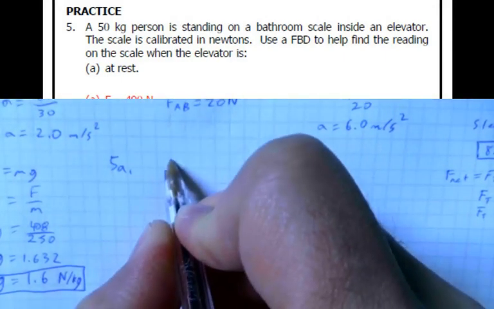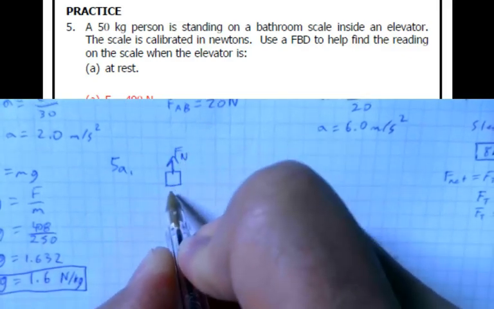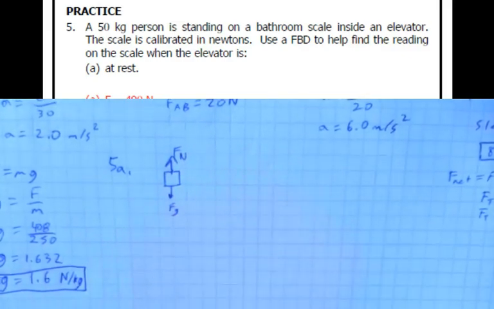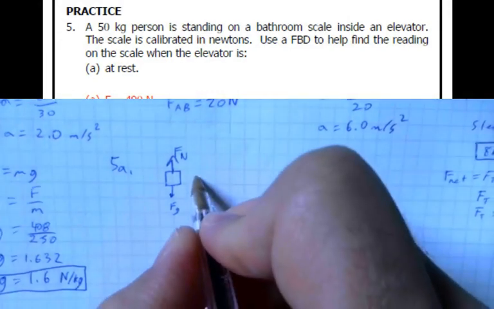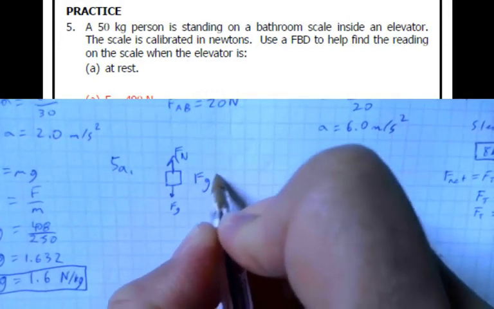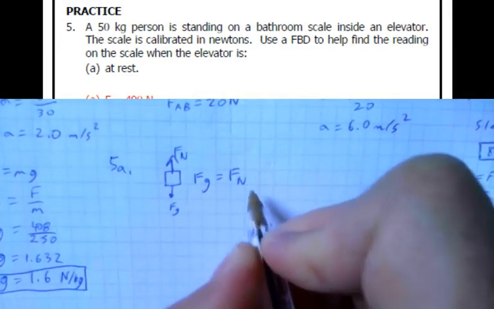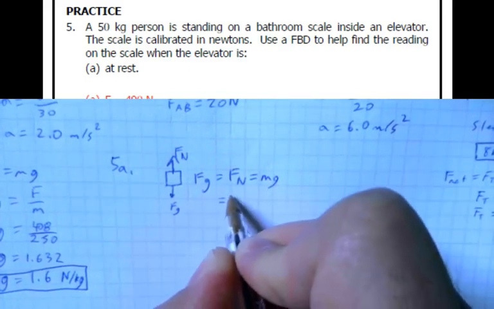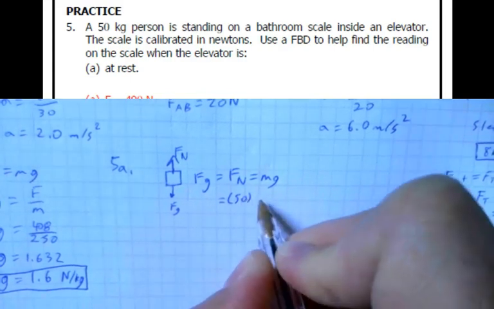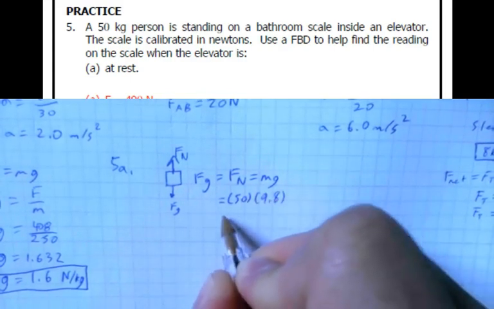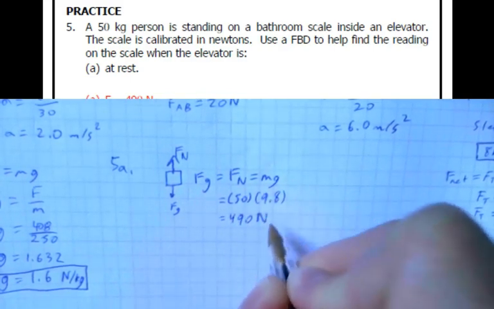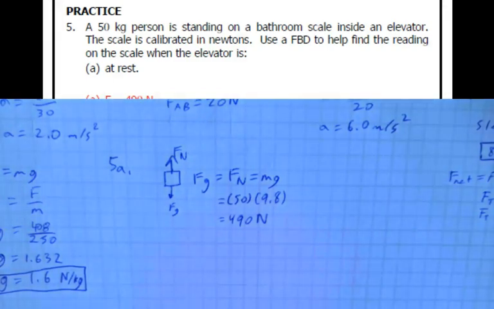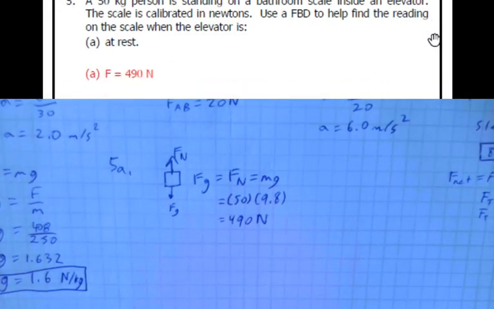So if a person's at rest, the Fn equals the Fg, which is just mg in this case. And that's 50 times 9.8. It's 490 newtons for part A.